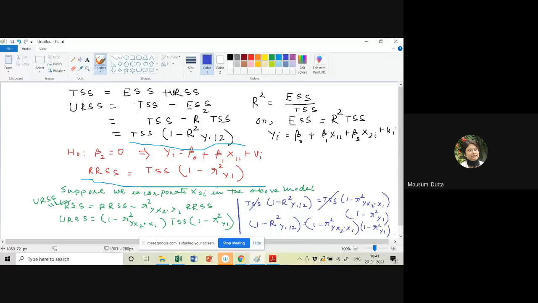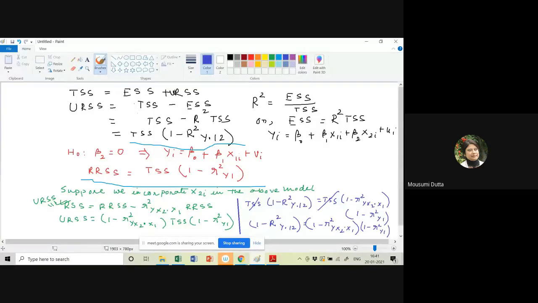Capital R square y dot 1 2 is the multiple R square. R square y x2 dot x1 is the partial R square. R square y1 is the simple R square. So this is the relationship between multiple R square, partial R square and simple R square.